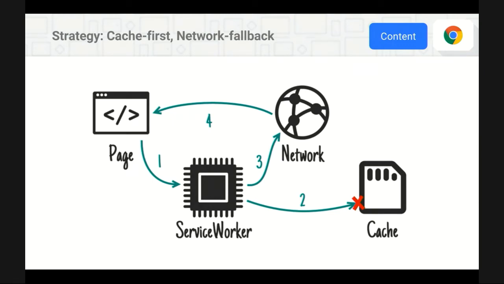And maybe I'll take that response from the network and use it to populate the cache, so that next time you request the same URL, I actually have something and I don't have to go to the network. This is great. So this is a good strategy where you go to the cache first to deal with resources that are very unlikely to change, like static images that have a unique URL, or really anything that has fingerprints in the file name, where you know that it's safe to take the previously cached response and reuse it because you're not going to have the same URL with different content swapped in.